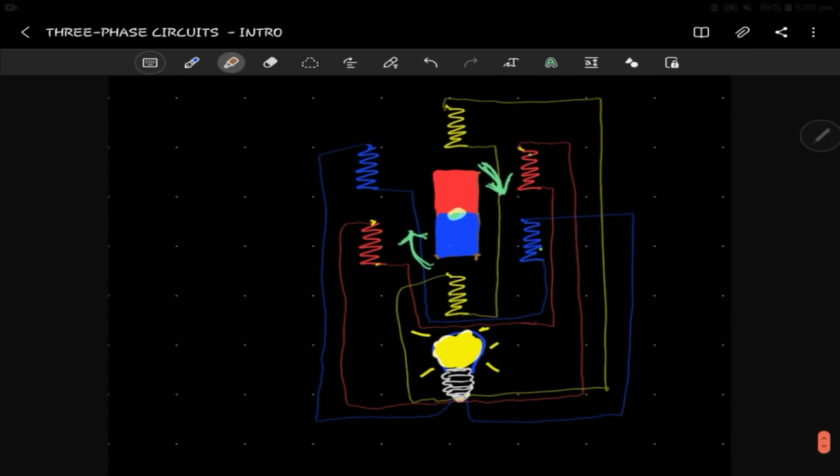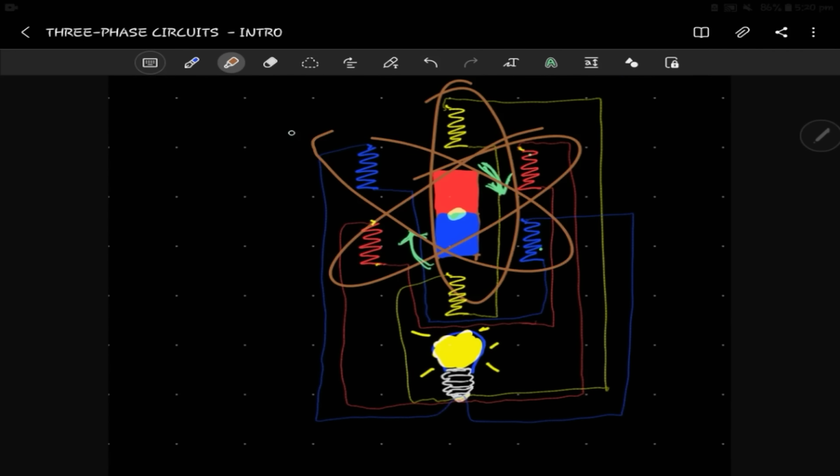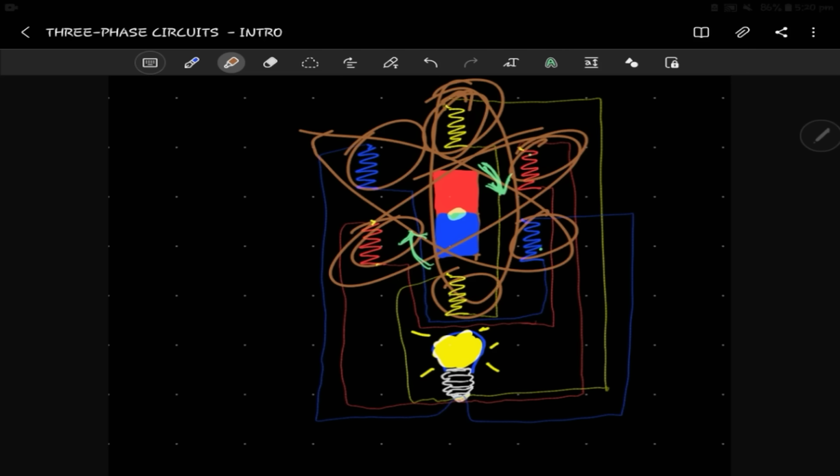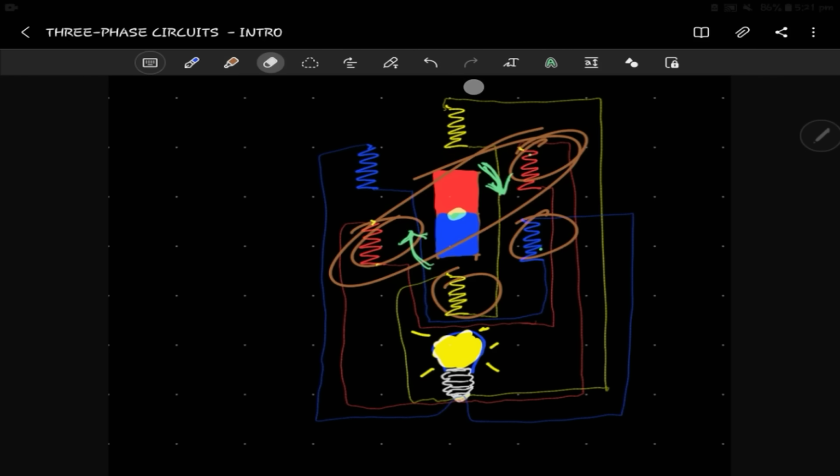This is one wire winding, there's another wire winding, and another wire winding, right? If this yellow wire winding is one circuit, this is the start, this is the end, and this is the start, this is the end, and this is the start, this is the end, right? If we try to just represent the starting of them, one way to write them will be the star system.